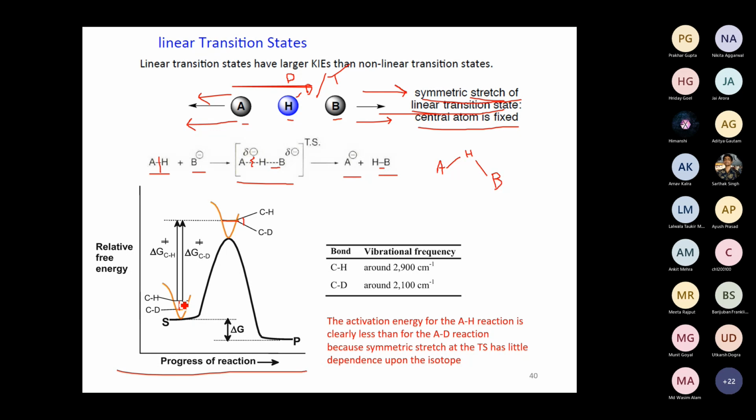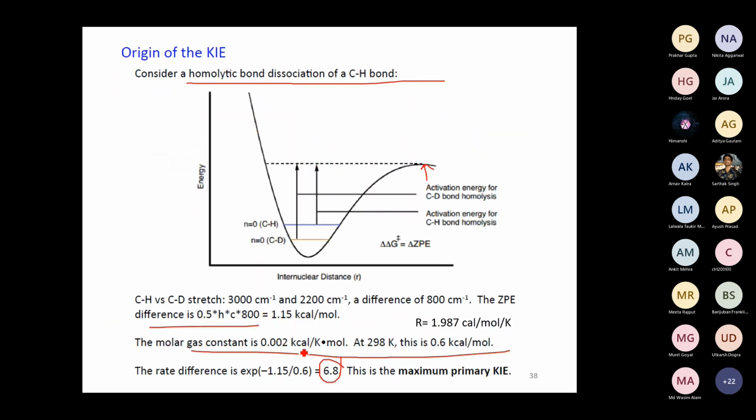All right. And what is the value of this? How much kH by kD can you get? It is 6.8 here. It is a similar case to this. The CH and CD bonds are almost the same, right?